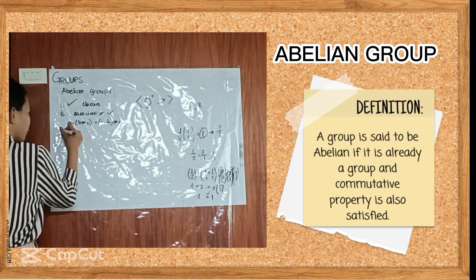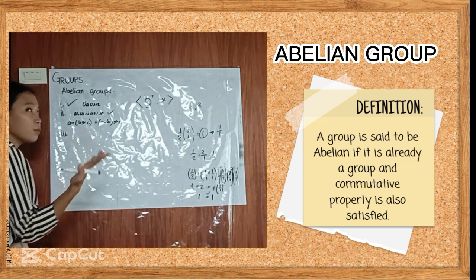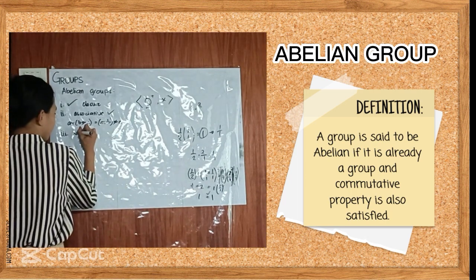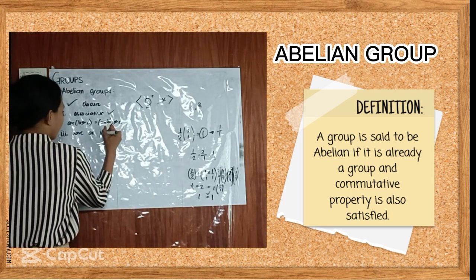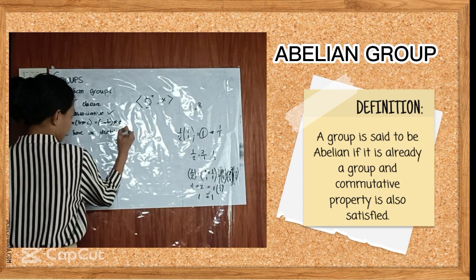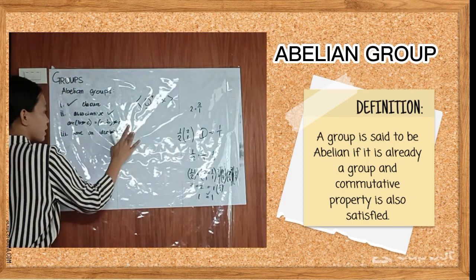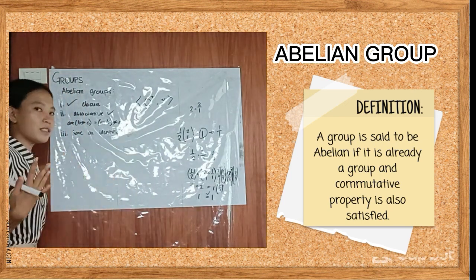Let's have the third property: it should have an identity. What is the identity of the positive rational numbers?